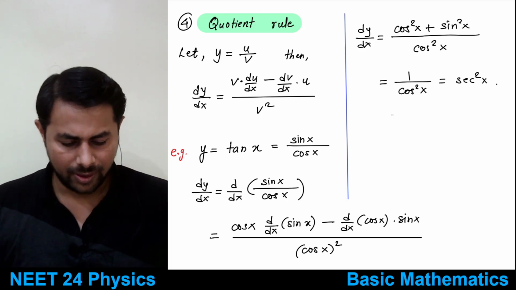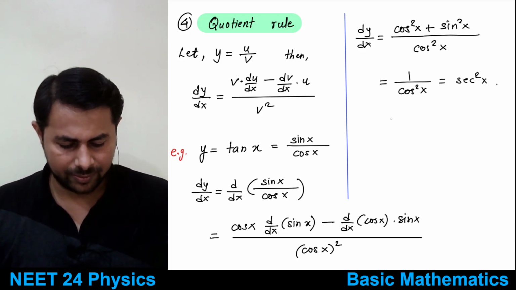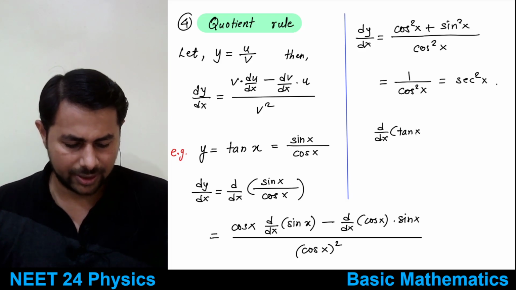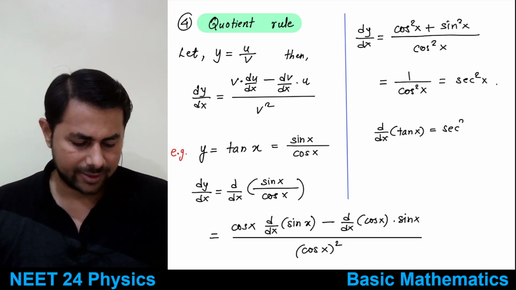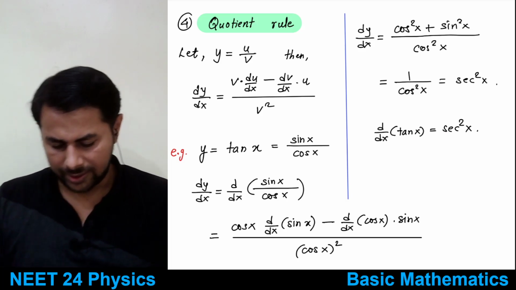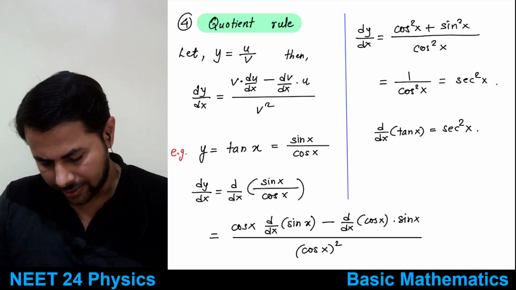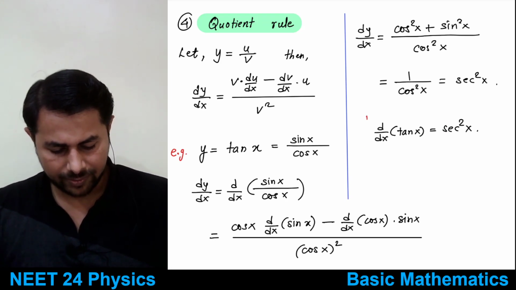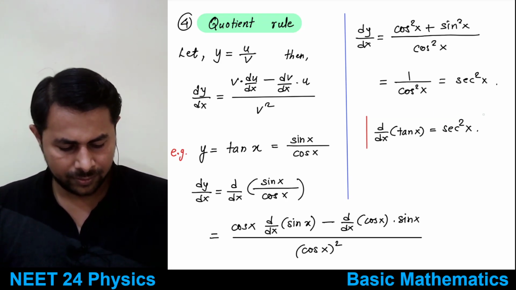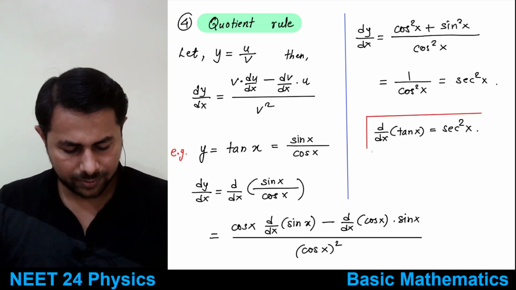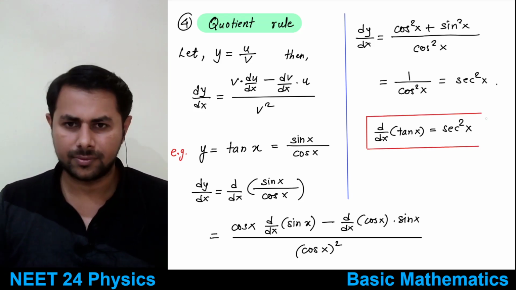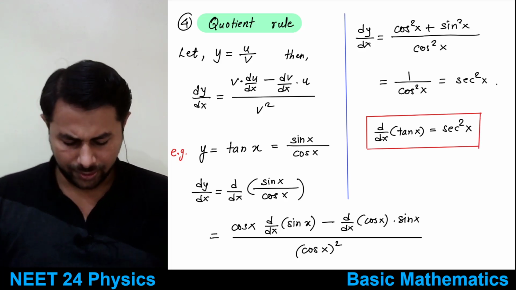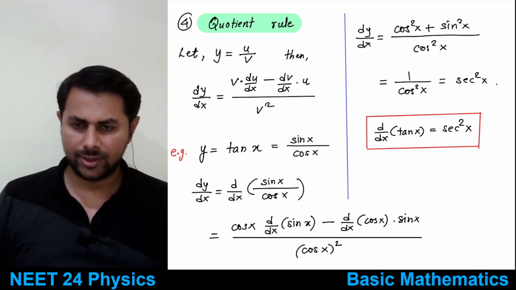The derivative of tan x is equal to secant square x. So this formula is clear, everyone? Okay, good. So this is the quotient rule.